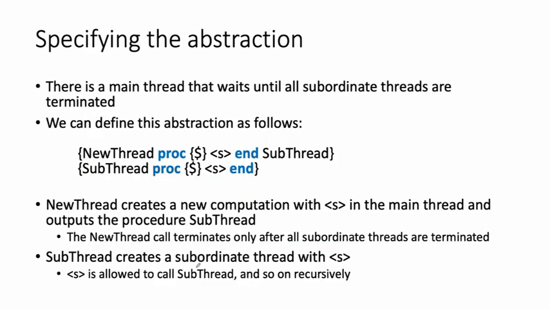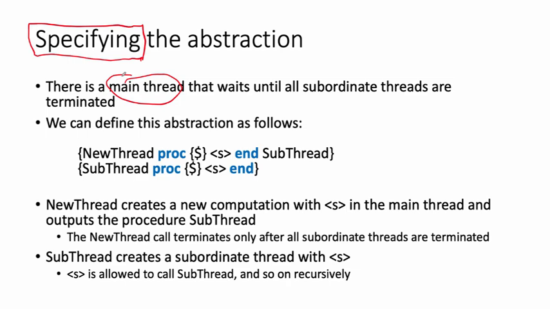Well, first of all, let's define the abstraction, exactly what it means. Let's specify our abstraction, give the API of the abstraction, and then we will see how to define it. So basically, there's a main thread. There has to be a main thread because it's where we synchronize.